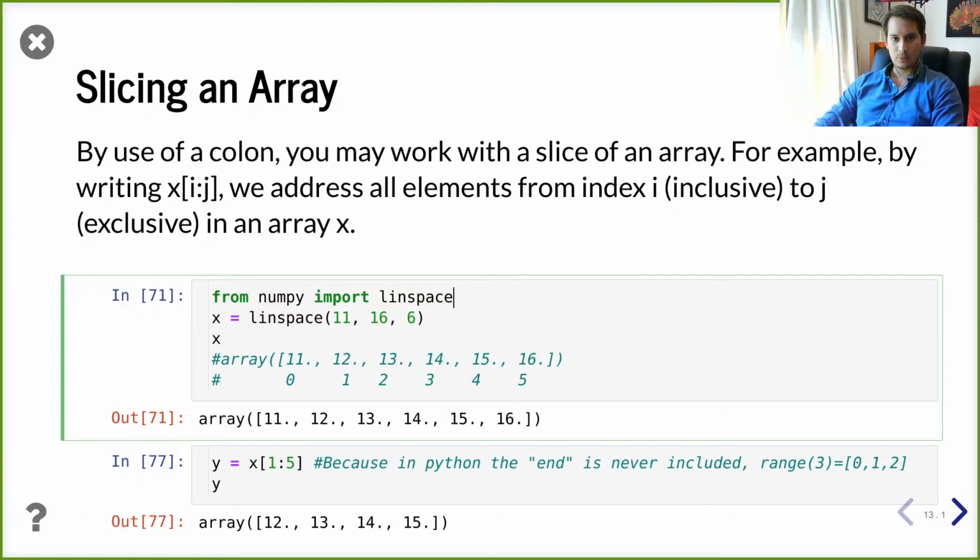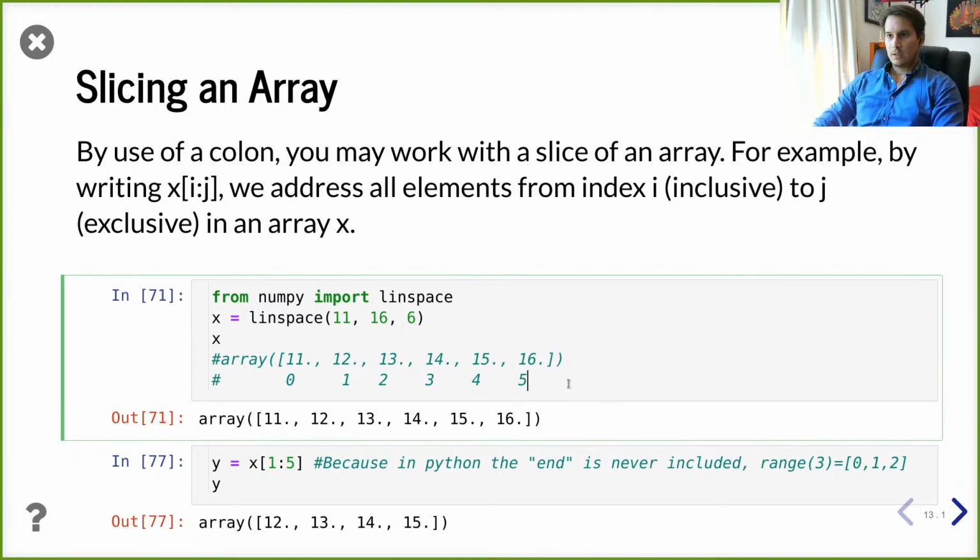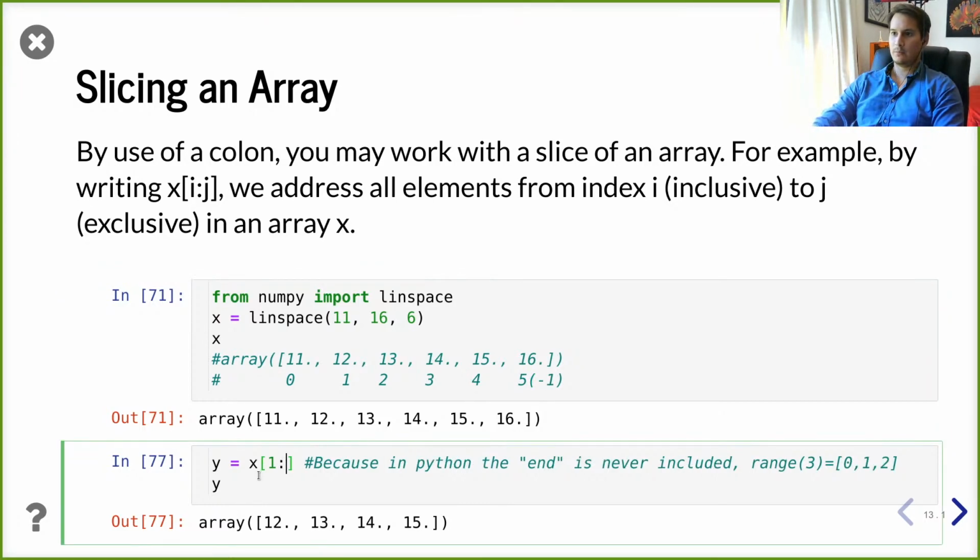Jorge, do you have another question? No? So you can think that 5 is the same as -1. So you put 5 here or -1, it will give you exactly the same results.